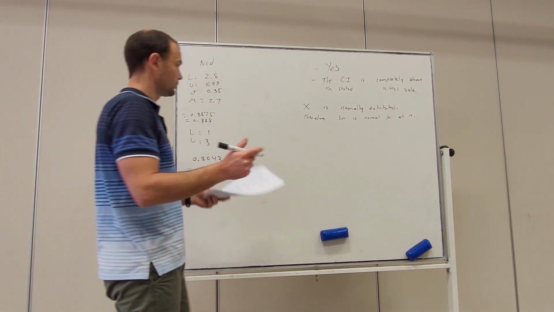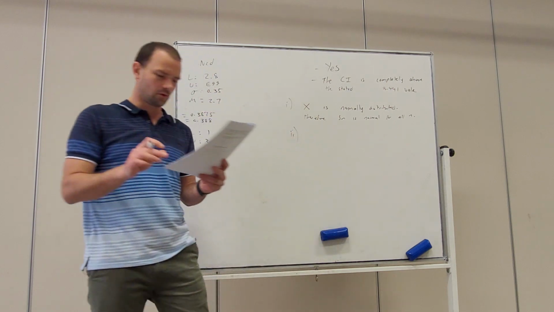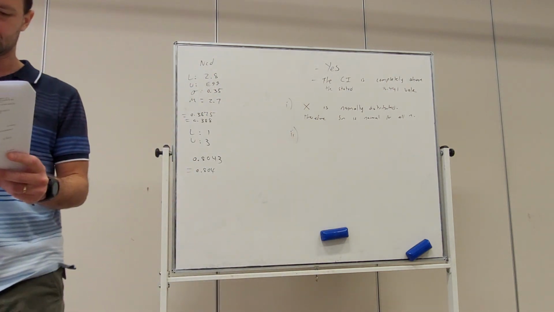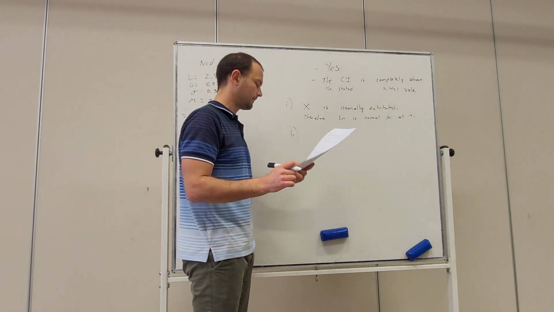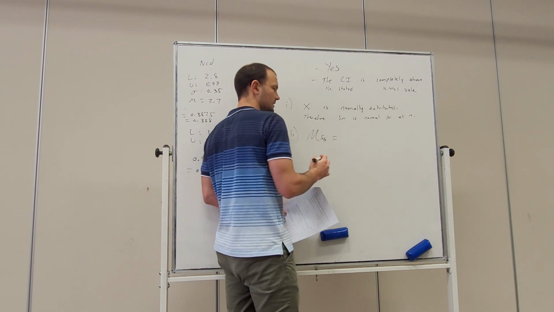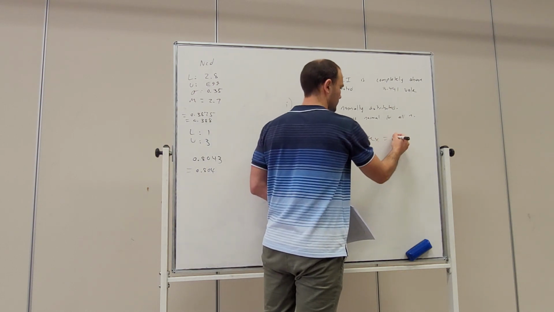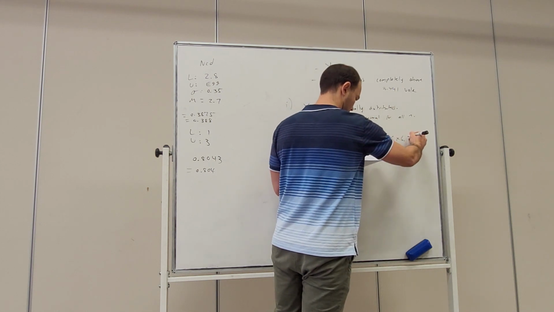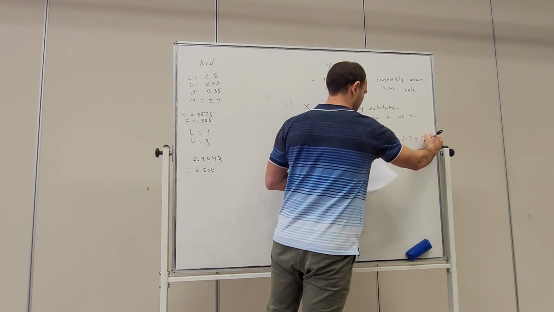Okay, on to part 2. Whenever you have a show that, you need to be very, very clear with the show that. Show that the distribution of S6 has a mean of 16.2 and a standard deviation of 0.857. So this is just from our formulas. The mean of S6 is equal to 6 times the mean of X, which is equal to 6 times 2.7, and that's your 16.2.